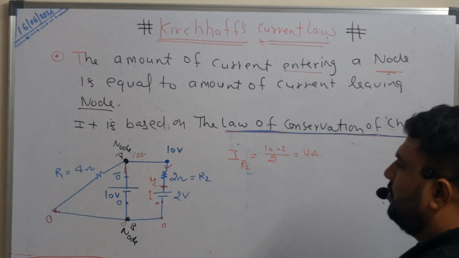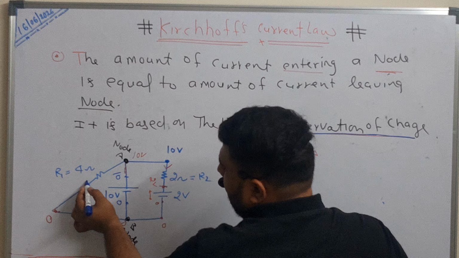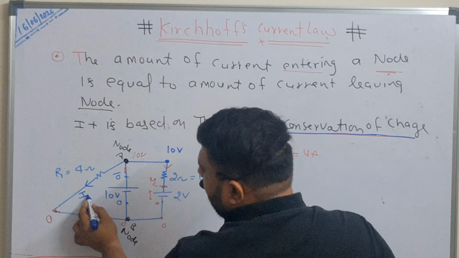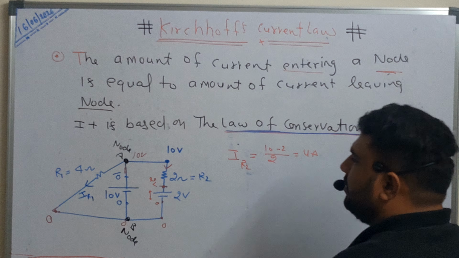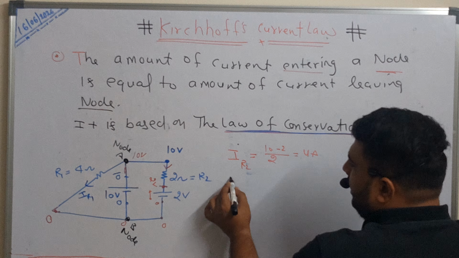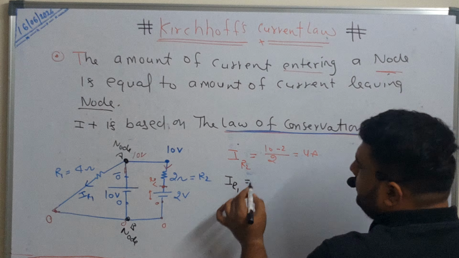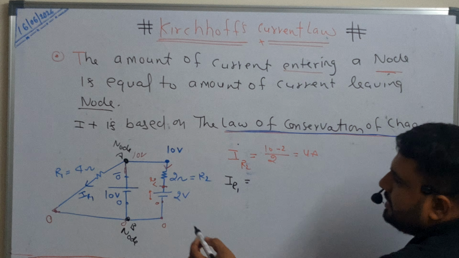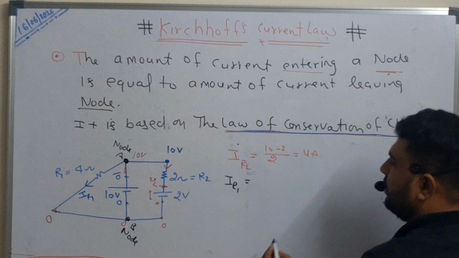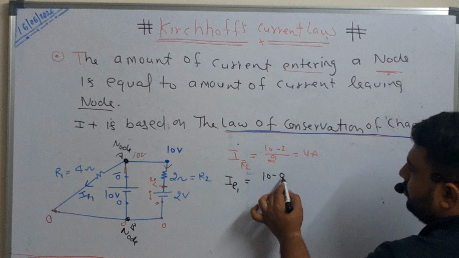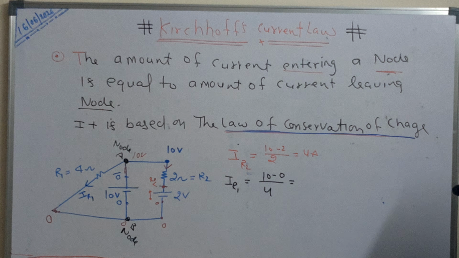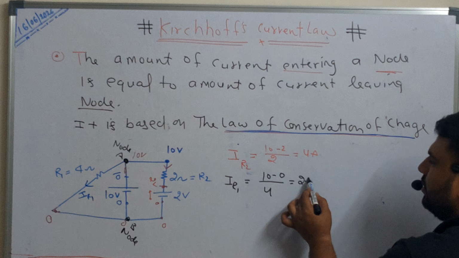Now look at this resistance here. Suppose the current flowing here is IR1. The current in R1 is IR1, equal to the potential drop across this resistor, 10 volts minus 0, upon 4. Then we get 2.5 ampere.